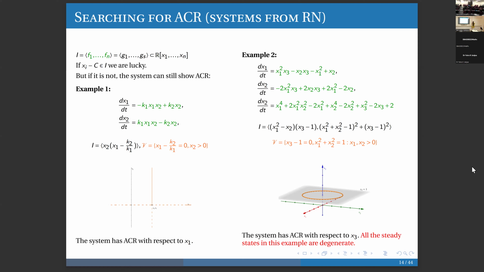Beatriz, excuse me. Can you repeat how the generators of the ideal I are coming from the above system? In the above system, I just had to remove one of the polynomials. One of the variables or polynomials? One of the polynomials. I'm not sure if it's direct, to be honest.